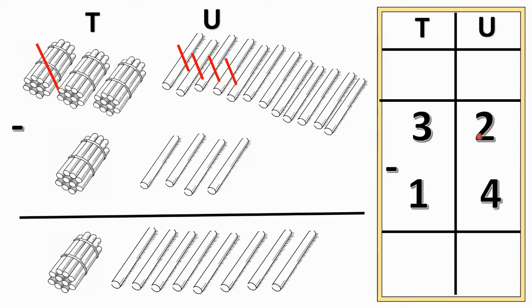So we cut 3 and then we borrow 10 here. So here how many remaining? 2. Now first do the units place. 12, then we subtract 4. So we get the answer 8. Now tens place. 2 subtract 1 is equal to 1.